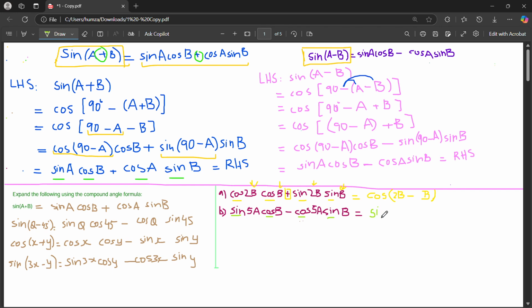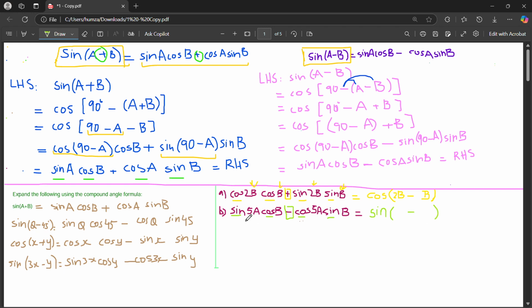Whether it is using the plus rule or the minus rule, we can use this sign to identify. So when we are using sin, the same sign will be in the expanded form and in the single term. So if there is a negative sign in the expanded form, then there is a negative sign in the single term as well. So we will say negative.